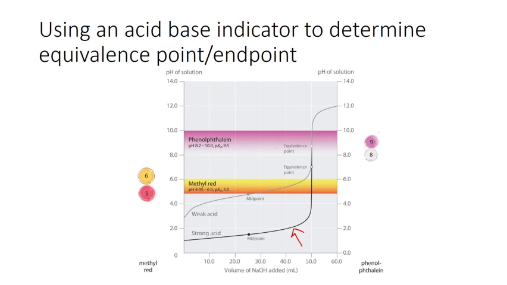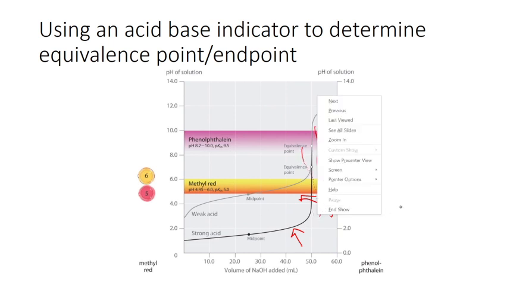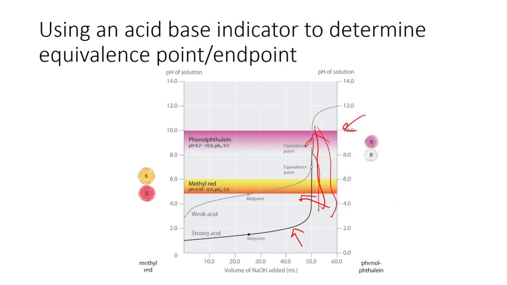Either of these indicators will work because both of them change color in this really steep section here, where the pH is changing so quickly, it's not going to matter which of these you use. Both of them will essentially tell you where the equivalence point is, more or less, because you need so little base to push the pH of the acid way up here very quickly.